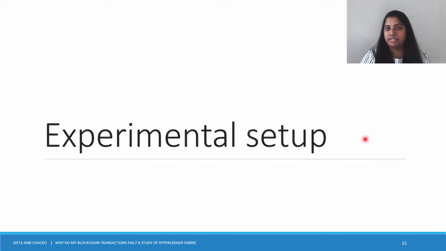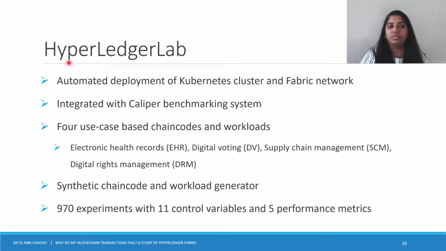So our experimental setup begins with the Hyperledger lab, which is our automated testbed that can deploy a Kubernetes cluster and the Fabric network. We integrated this with Caliper, a popular benchmarking system for different blockchains. We also developed 4 chaincodes based on popular use cases from the literature: electronic health records, digital voting, supply chain management, and digital rights management.